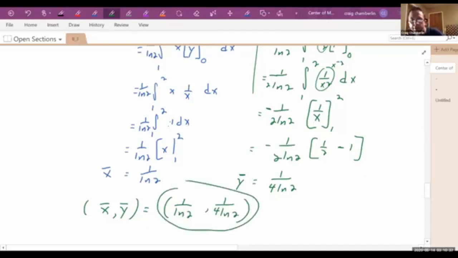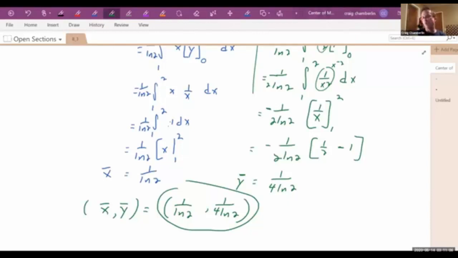And then let me break out my calculator. My virtual calculator's having trouble, so I'll use my regular calculator here. So I just want to get a decimal approximation. 1 divided by the natural log of 2, ln of 2.